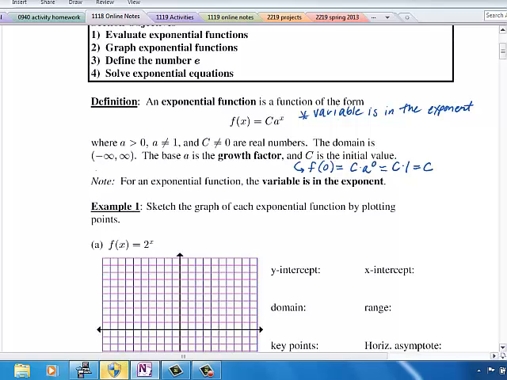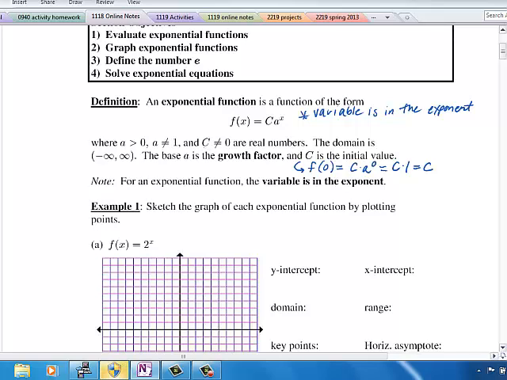So the domain is all real numbers, and we'll talk about why here. Any number, we can put the exponent any value in for x, and that will make sense. So a to any power is defined just fine, so the domain would be all real numbers. We will talk eventually about why a would need to be positive and why we don't want a to be 1, and why we wouldn't want c to be 0.